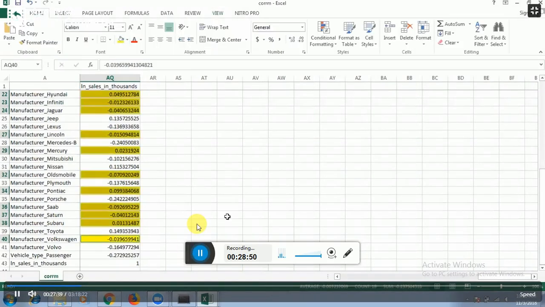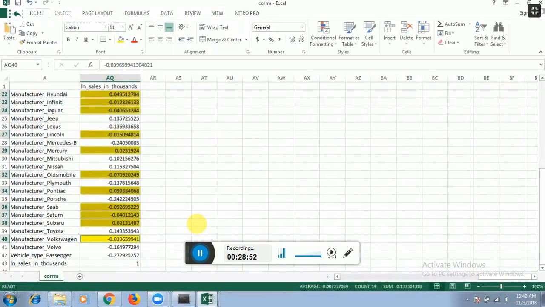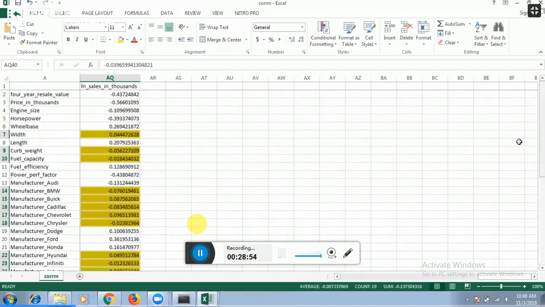Do you think these variables have a very weak relationship with your y? If you look at this one, this is almost less than 0.1.